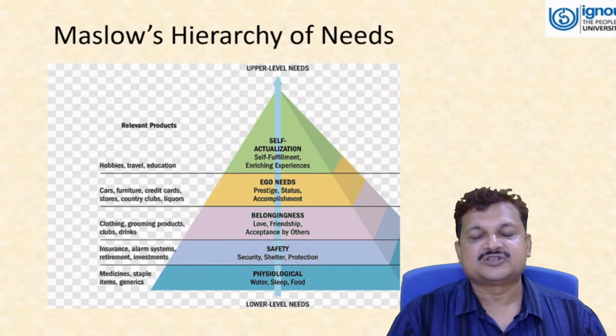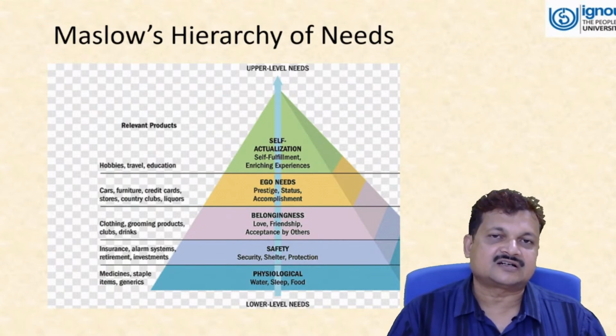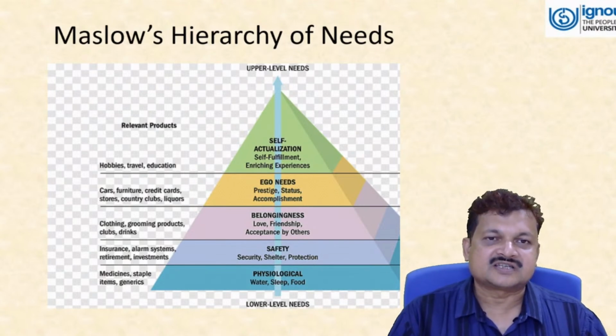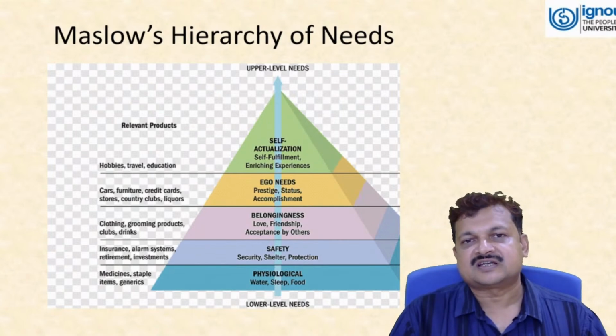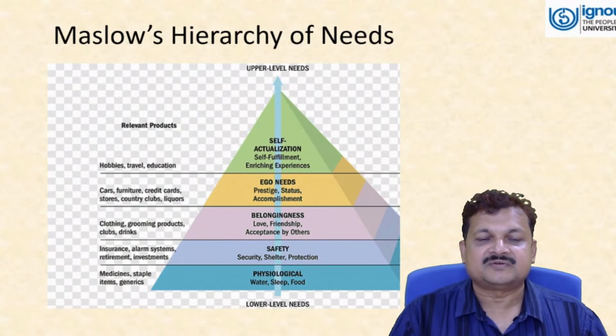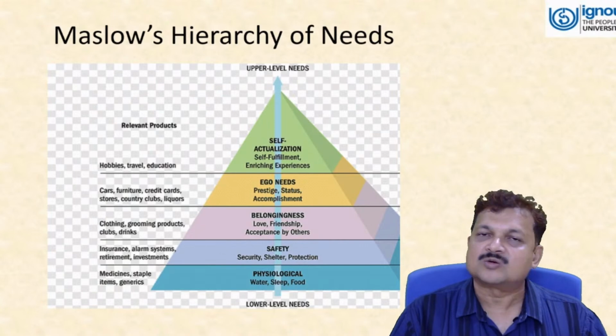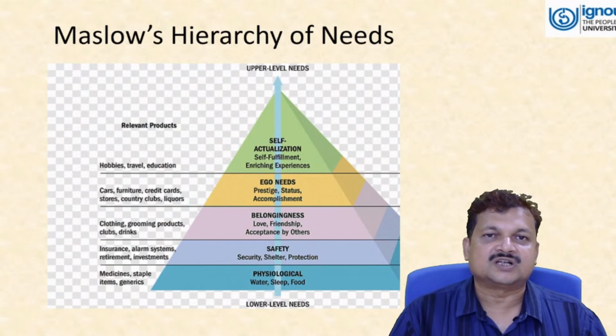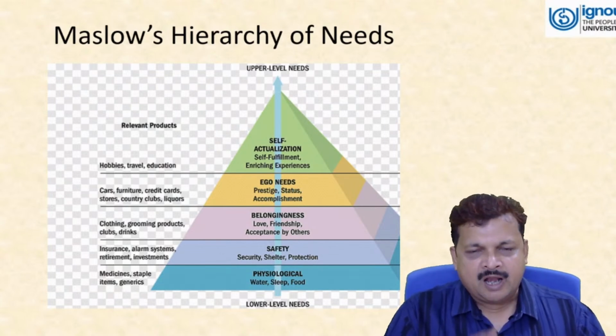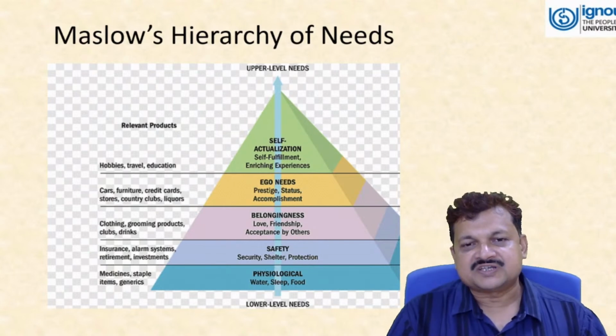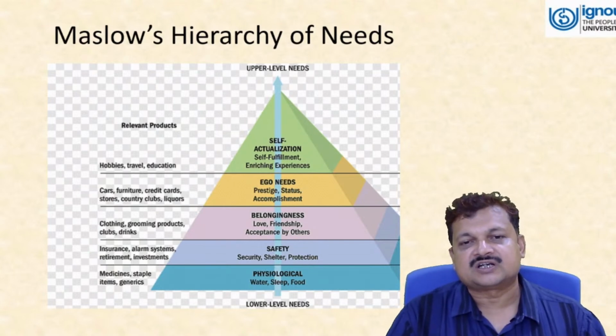The first level is the physiological need: food, water, shelter, and home. These are the basic needs we require, and even a poor person can fulfill them, with enough money for food, water, and a home. Then the physiological need is fulfilled.